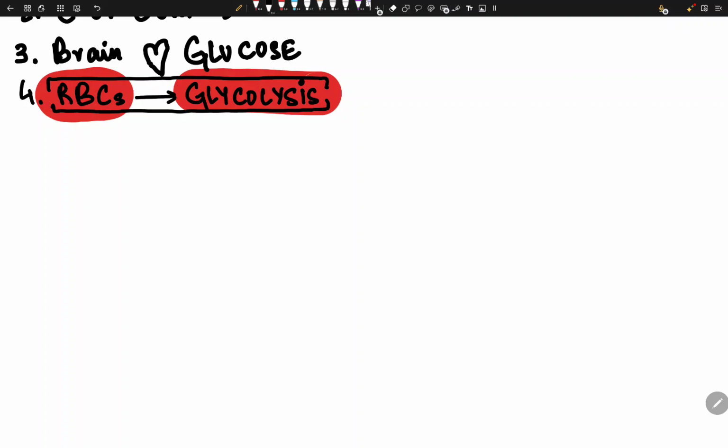So what happens in this hypoxic phase, this temporarily anaerobic phase? Skeletal muscles also use glycolysis under hypoxic or anaerobic conditions.